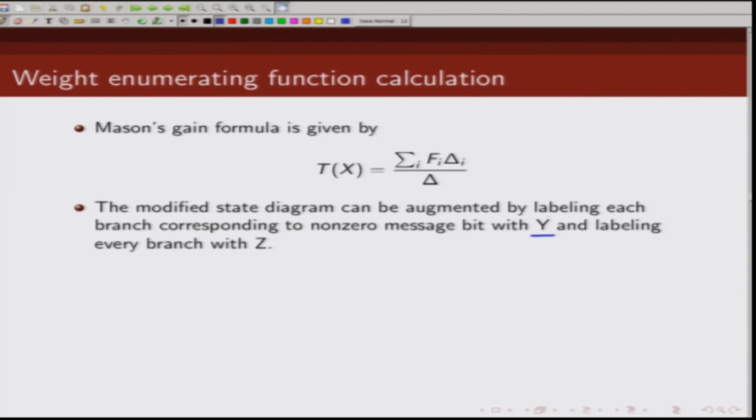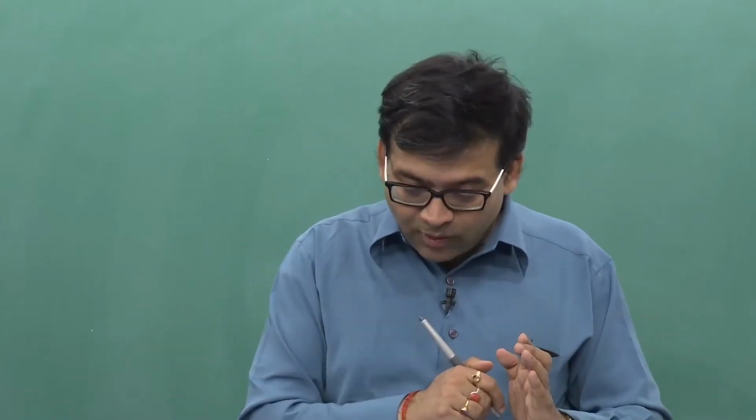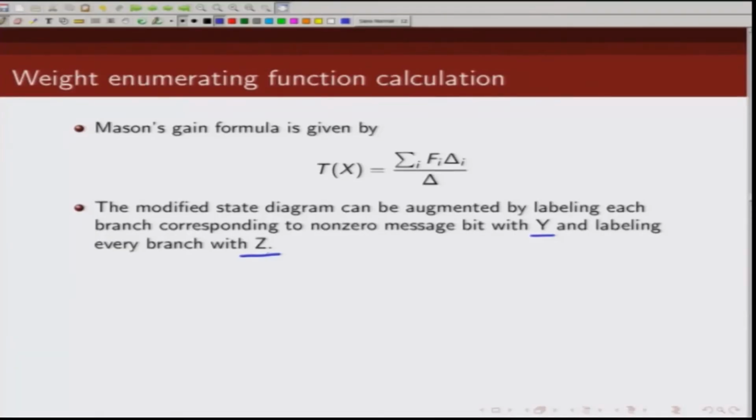So, the power of y will denote the input weight, and similarly we can label each branch by z. So, in a path gain formula, the degree of z will tell us what is the length of the non-zero path. So, the degree of z will tell us, once it diverges from the all zero state, after how much time it comes back into the all zero state.